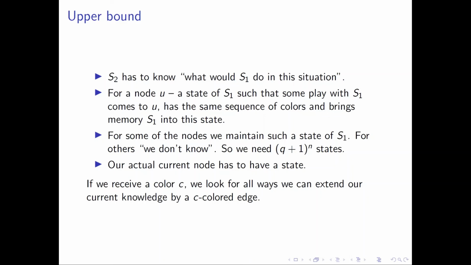What's important is that your actual new current node should have at least one option. And this will be true because of the actual C-colored edge that was played in the game. We have been in the starting node of this edge, and we moved to the endpoint of this edge. And in our computations, we necessarily process this possibility.